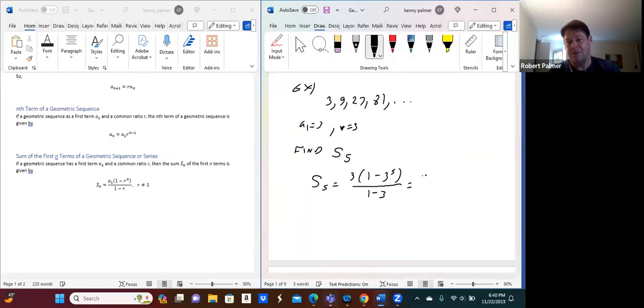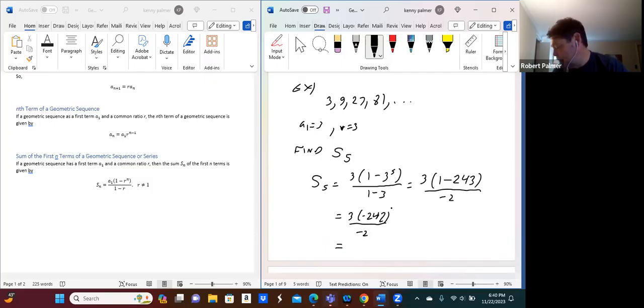So that's going to be 3 times 1 minus, now 3 to the 5th is once again one you probably need to plug into your calculator, and that's actually 243, over 1 minus 3, which is negative 2. Okay, you're getting closer. So it's going to be 3 times minus 242 over negative 2. And of course, this should be positive because all these are positive so far.